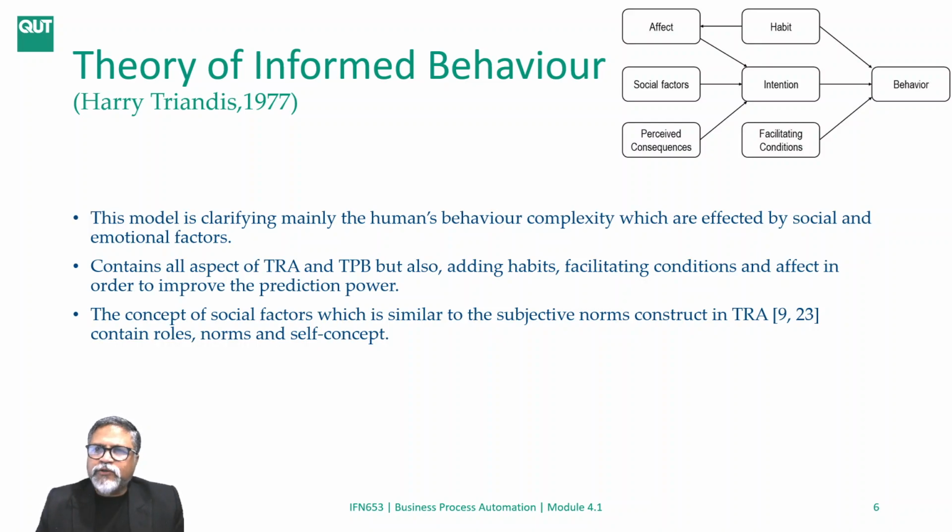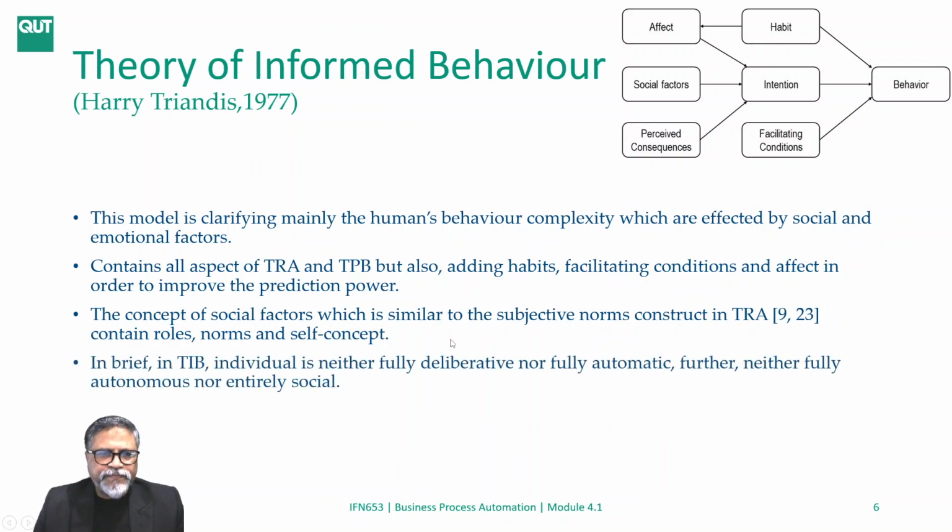So the concept of social factors, which is similar to the subjective norm construct in TRA, contains roles, norms, and self-concept. Right. So what is my role in a project? What is the organizational culture, and how do I perceive myself with a particular technology?